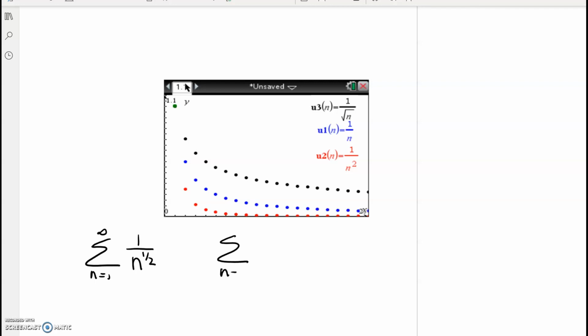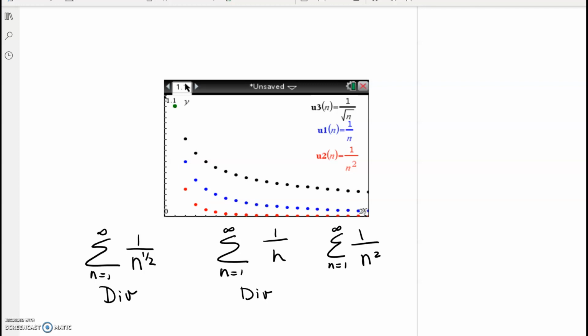And then we have our 2 that we already have a conclusion on. 1 over n is divergent, and 1 over n squared is convergent. So because 1 over square root of n is above a series that is divergent, and you can see that it goes to 0 even more slowly than 1 over n does, it's going to diverge as well.